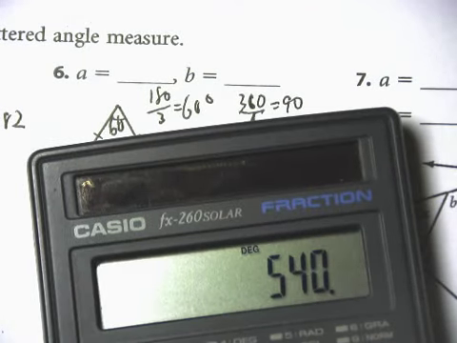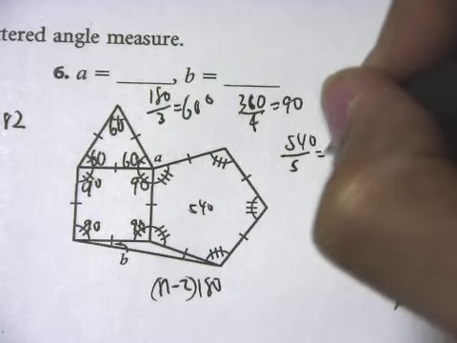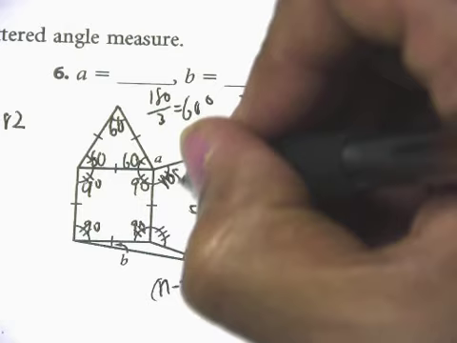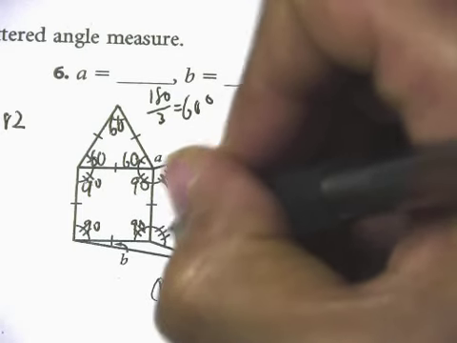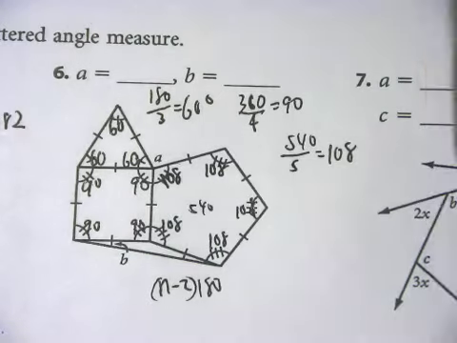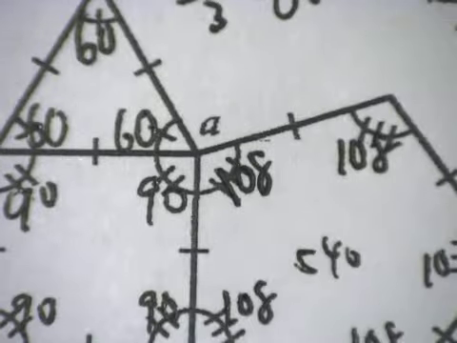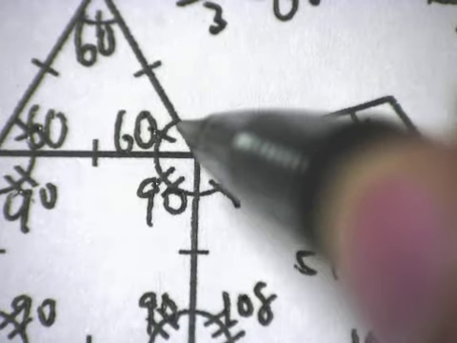And if I take 540 and divide it by 5, I believe that's going to give me 108 degrees. Let me double check that. 108 degrees, that is correct. So this is 108, this is 108. Okay, so far so good.